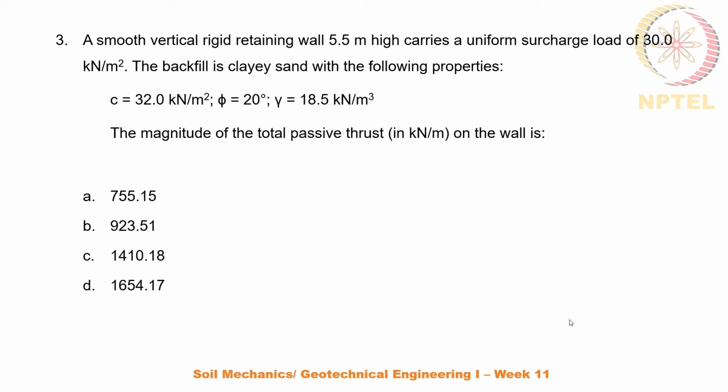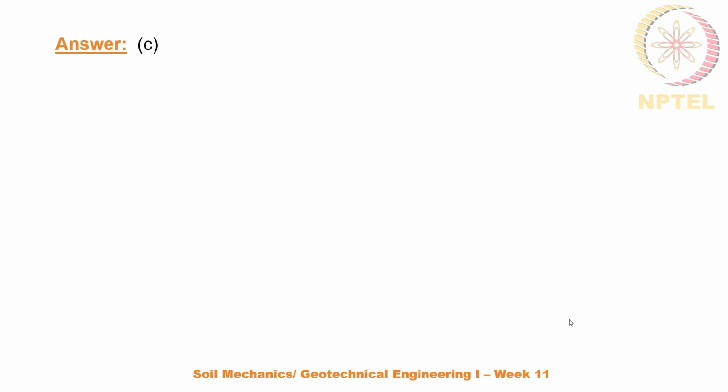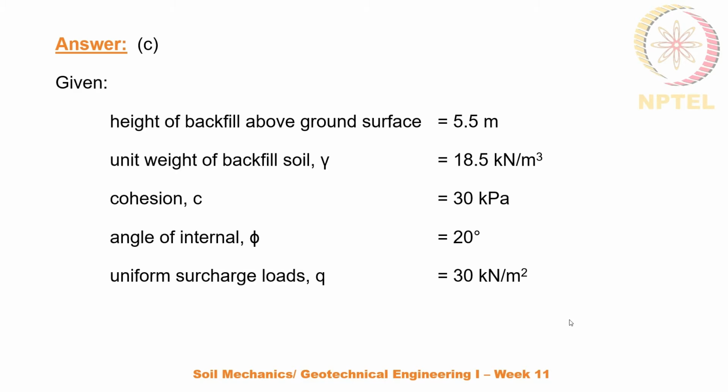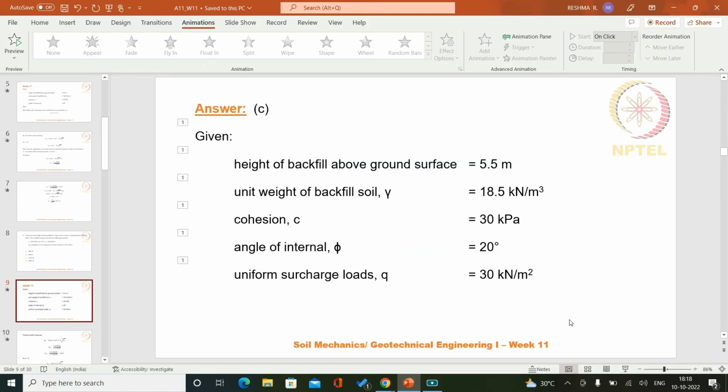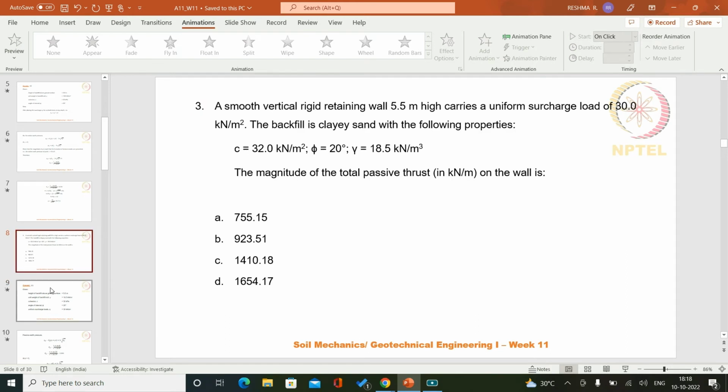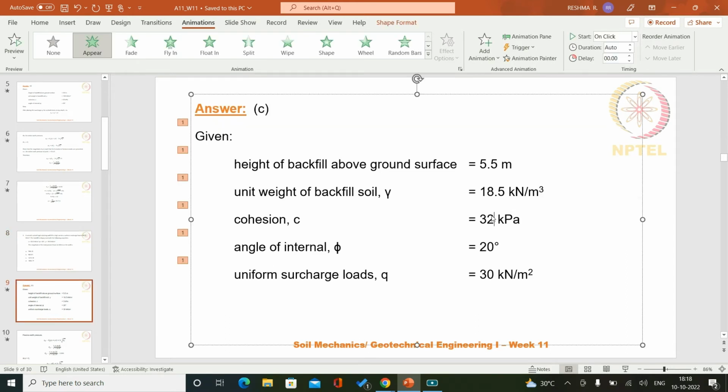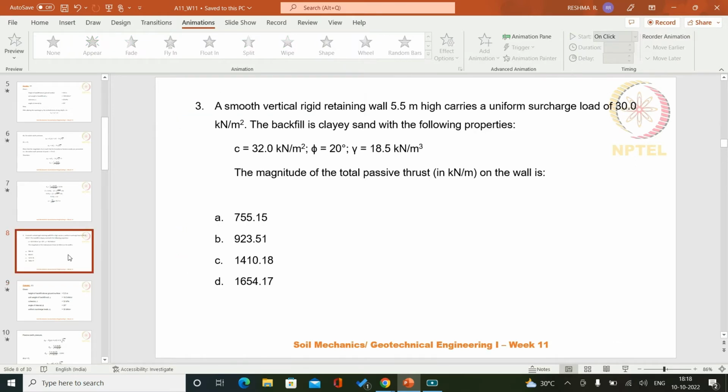Alright, so let's see which is the correct option. Yes, the correct answer is option C. So we'll see how we have got that. Here we are given that the height of the retaining wall is 5.5 meter. Unit weight of that soil is 18.5 kilonewton per meter cube.